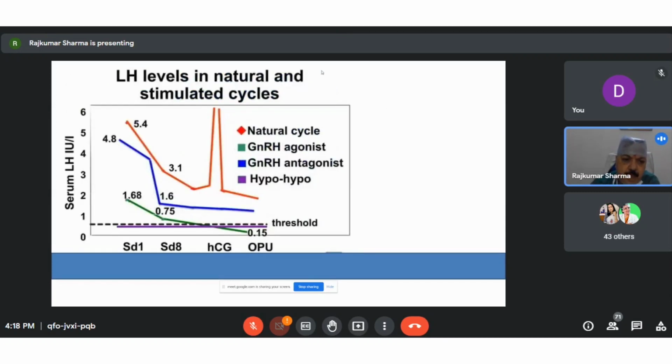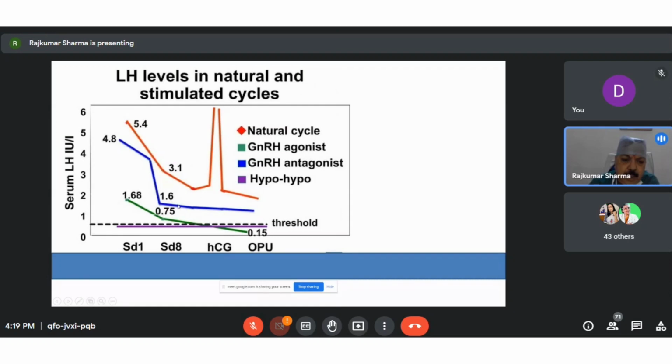Now, if you see the normal cycle, over a period of time the LH is firstly at the bottom level. By day 8 or so, it is around 3.1 international units per liter. And then there is an LH surge, which is required for the rupture. But in cases of patients having GnRH agonist or antagonist, these are the levels which are attained.